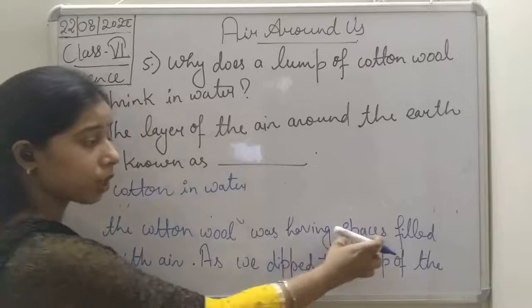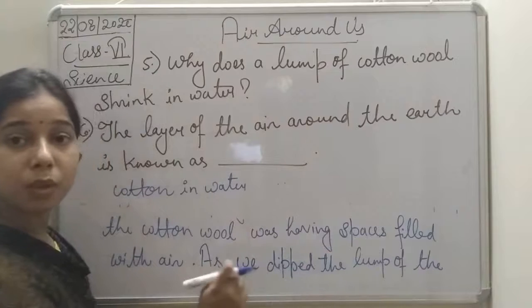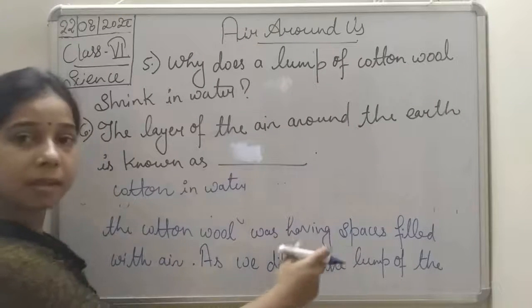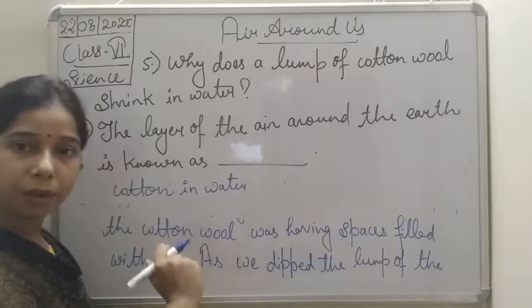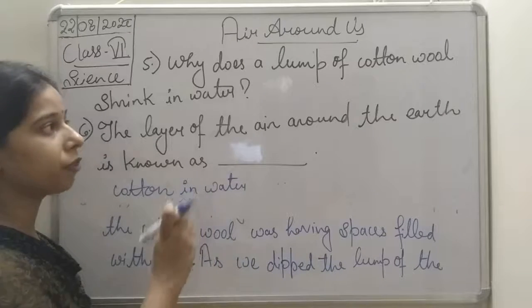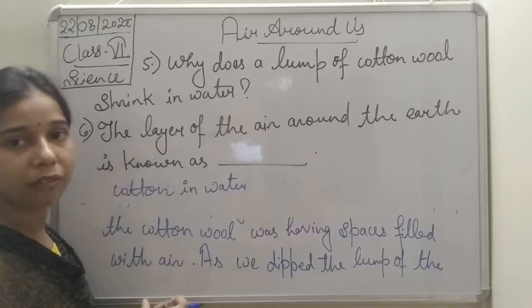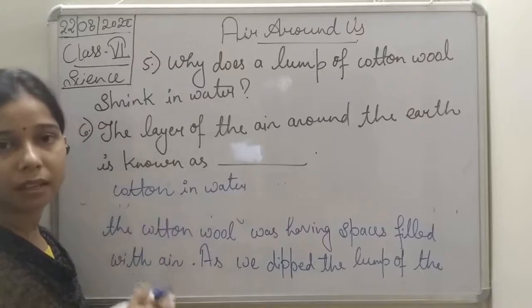The air which was filled in the spaces will be replaced by the water. Okay, so these spaces are now occupied by the water, due to which the lump of cotton will become heavy, and as it becomes heavy, what will happen? It will shrink in the water.